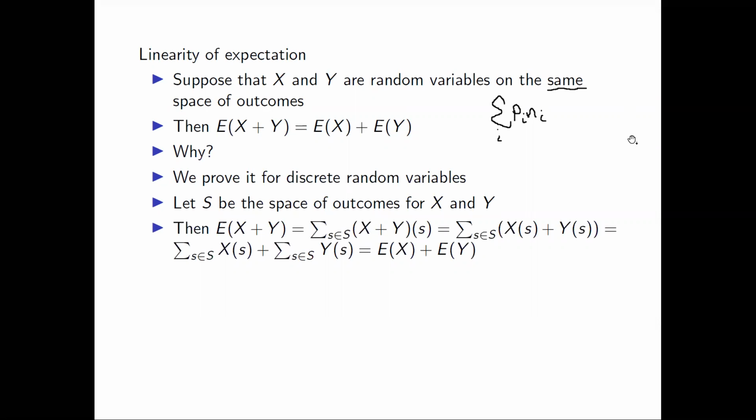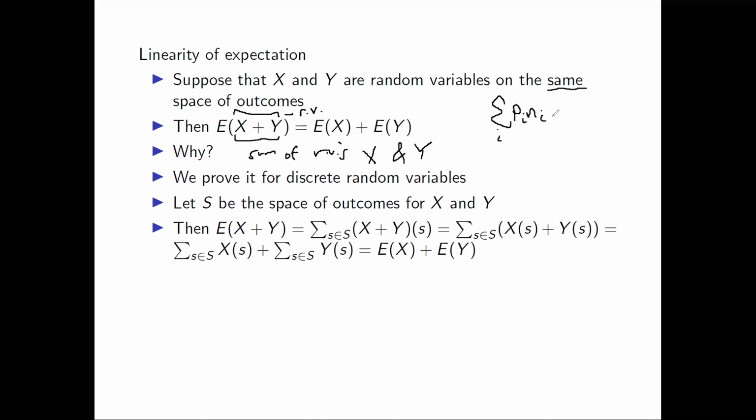And we can write the expectation of X plus Y, with X plus Y just being the sum of the random variables X and Y. So we just take the value of X, we take the value of Y, and we sum them up. And that's our random variable, X plus Y. This X plus Y is a random variable, so that's why we can take its expectation.